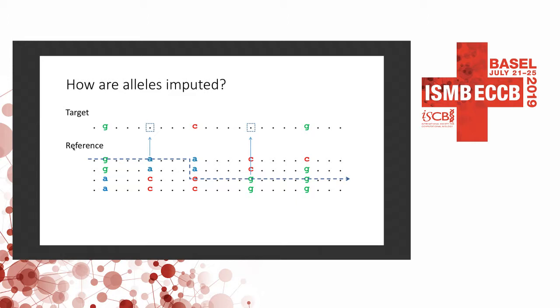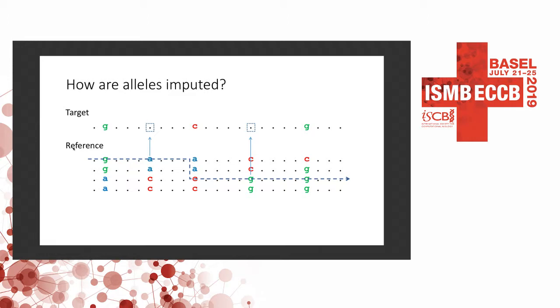So if they've inherited the same segment identically by descent, then that tells us how to do the imputation. At first, we just copy the A allele over, and if the second segment is identical by descent, well, then they both will have inherited the G allele. So imputation's trivial.